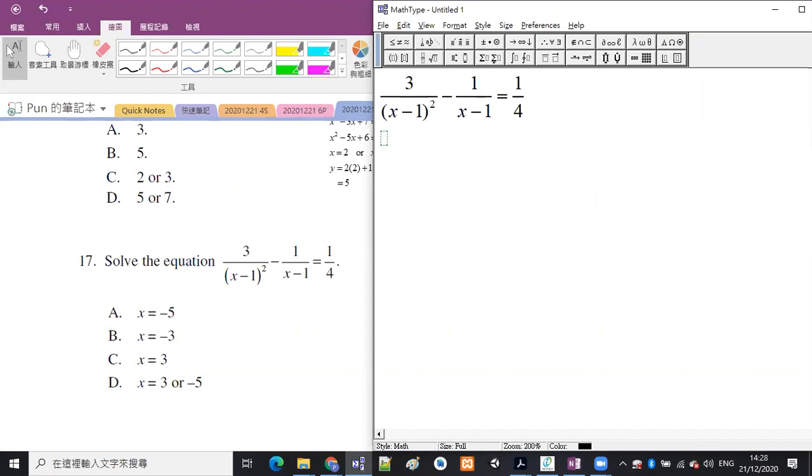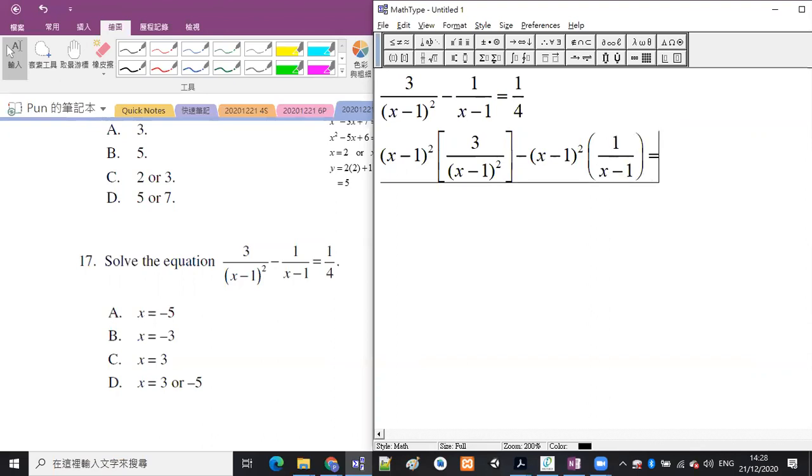We are going to multiply x minus 1 bracket square to every term in the equation. Minus x minus 1 square over x minus 1 like this is equal to x minus 1 square times 1 over 4.